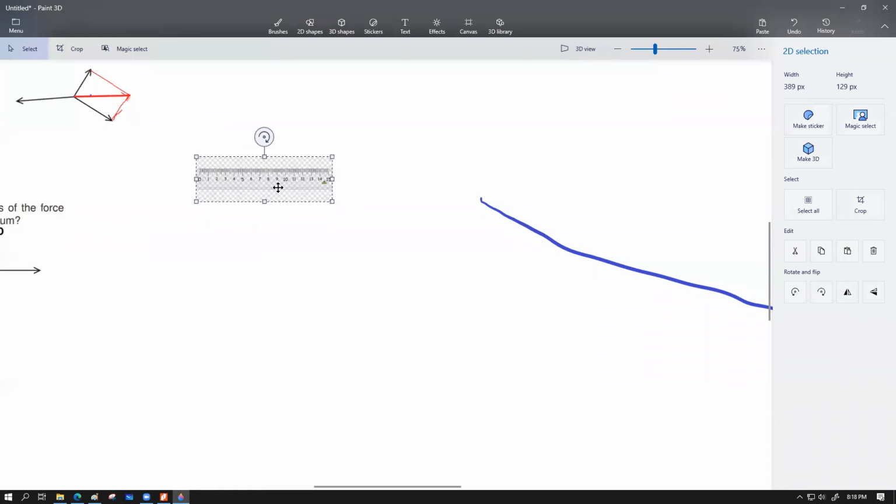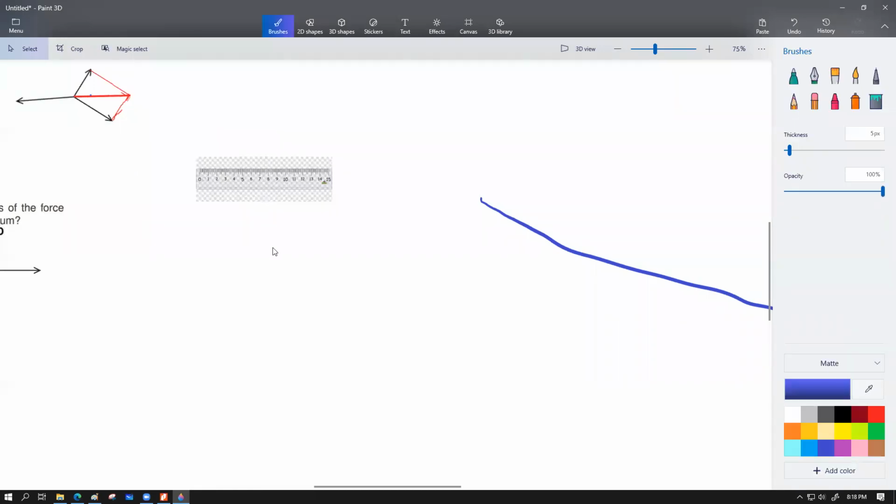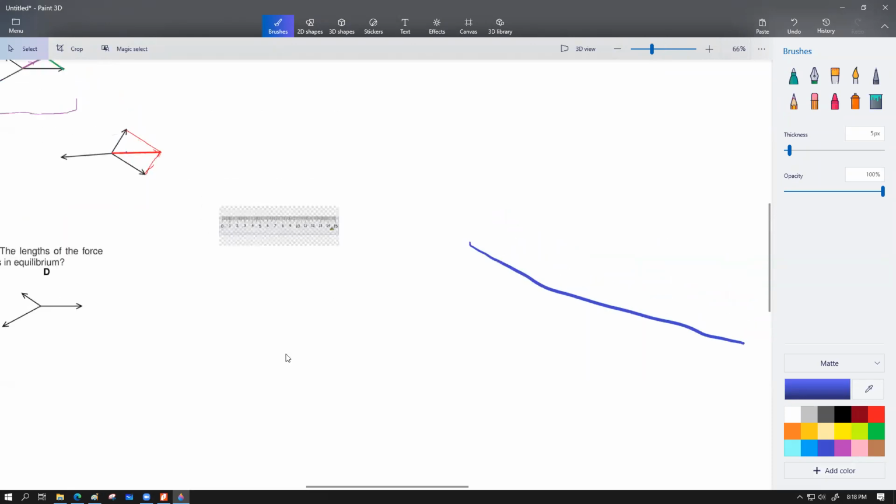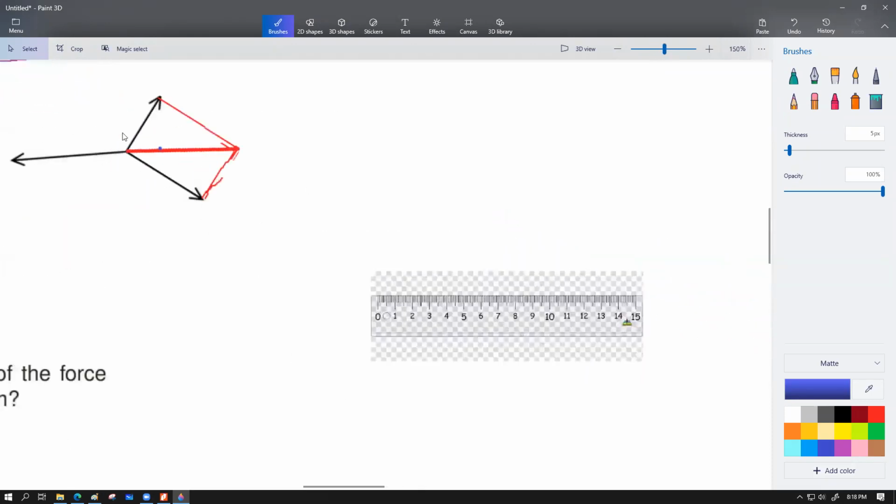I cannot use this. Anyway, since I cannot use a ruler, I'm gonna use a more geometric approach to prove my point.